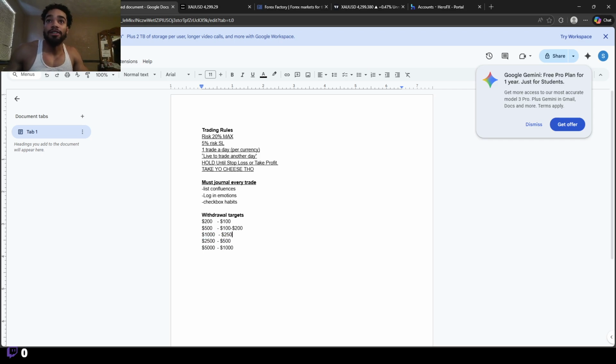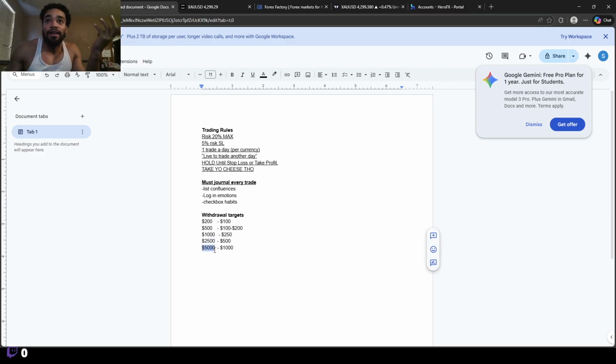Now $2,500. It depends, because if I'm in trades and they're still going, it's not really an opportunity to take profit, since it's still unrealized profit and loss. But at that point, we're looking to take $500 once we reach that $2,500 mark. Pretty simple.